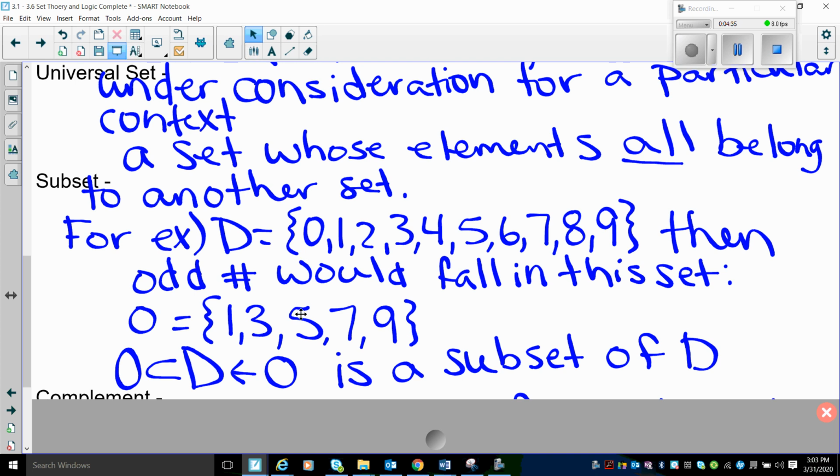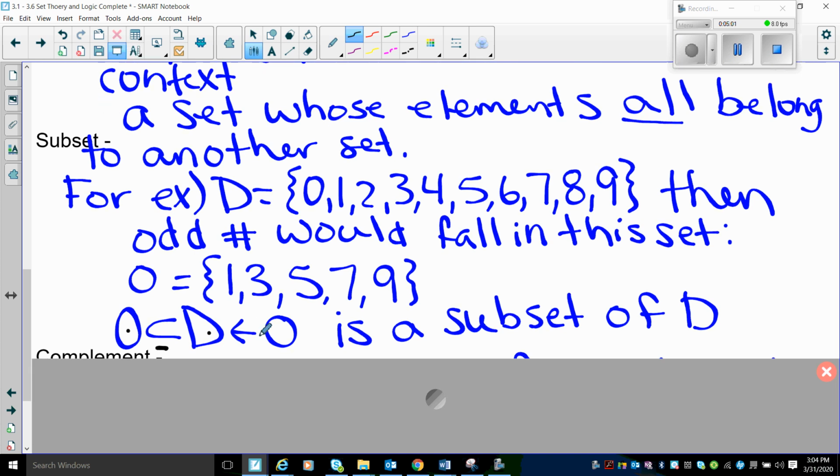So I could say that O is a subset of D, because all of the elements or objects inside of O also belong to D. This is the notation for a subset. It's a sideways U. So this symbol right here, you would read as O is a subset of D.